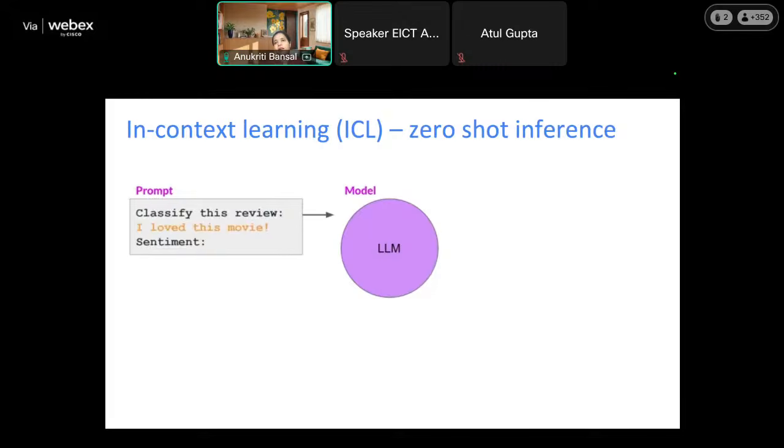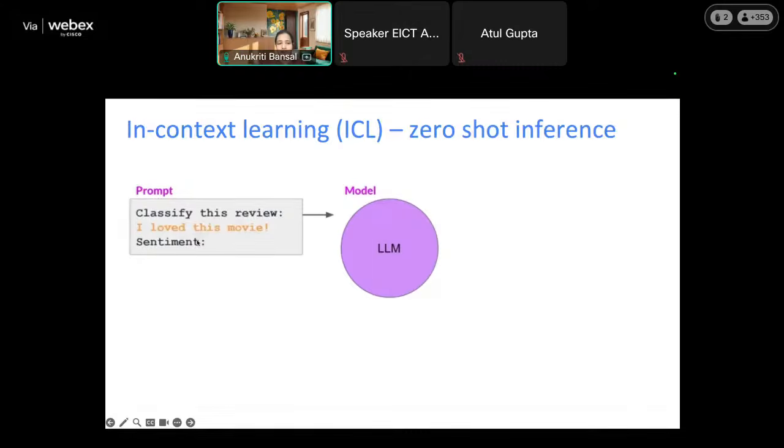So I'm giving an idea to my model of what my expected output is. I don't want an elaborate response or a complete sentence saying that the review of this movie is looking good because you like this movie. No, I've just told the model that I only want the sentiment.